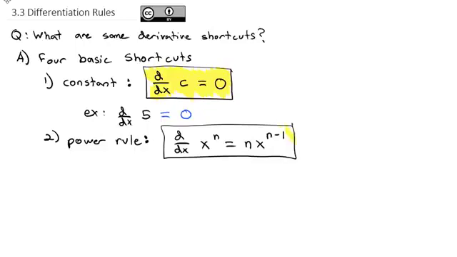With polynomials, we pull the exponent out front and then decrease the exponent by 1. So for example, if I wanted the derivative of x to the 7th power, all I have to do is move that 7th power out front, and then reduce the exponent by 1, and we get 7x to the 6th.